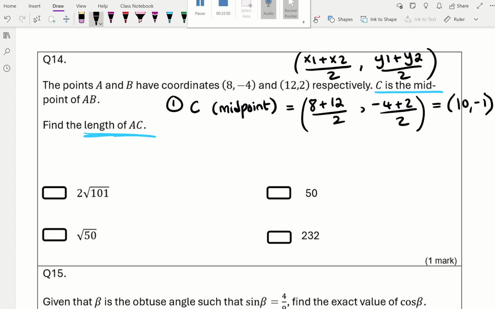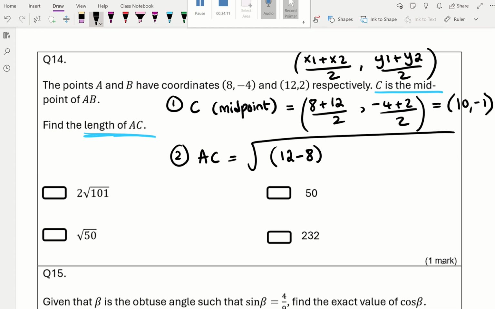And then I want the length of AC. The length of AC uses the Pythagoras formula, which is going to be y2 minus y1. So 12 minus 8 squared plus 2 minus 4 squared.